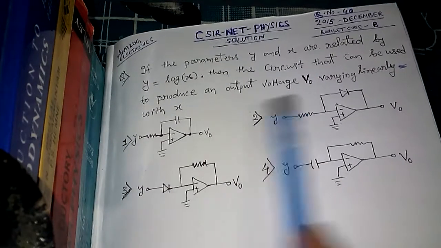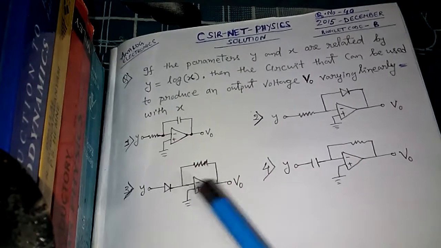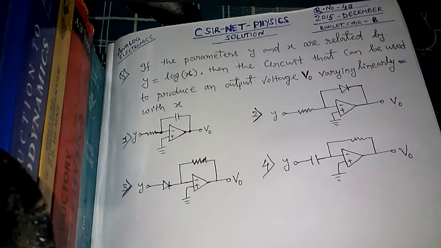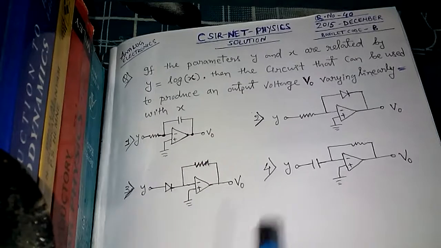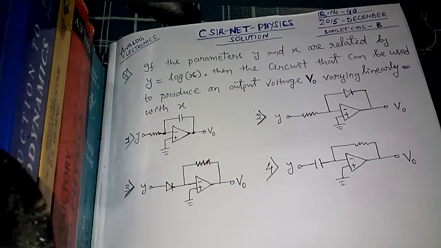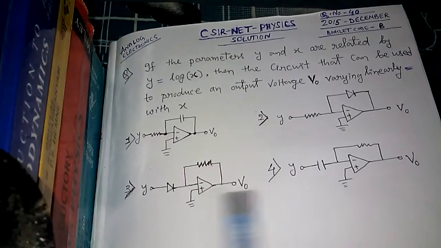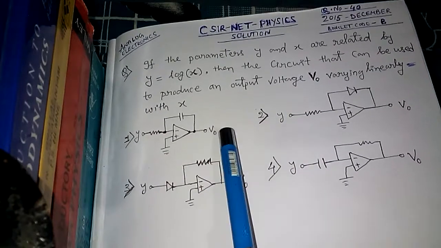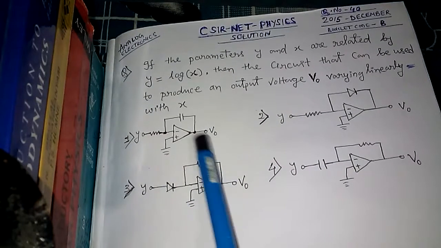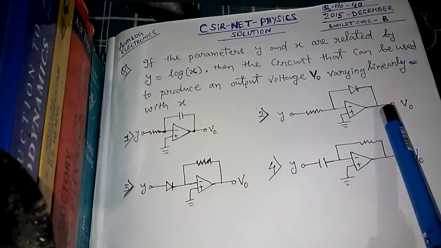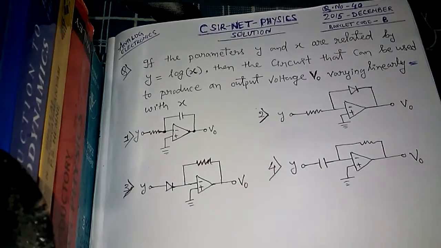See one thing, that all four circuits, what I am saying is for knowledge's sake, are doing mathematical operations on the input, isn't it? So these are also called electronic mathematical circuits, because you can do mathematics electronically using these circuits. Here integration, logarithm, anti-logarithm, and here differentiation.